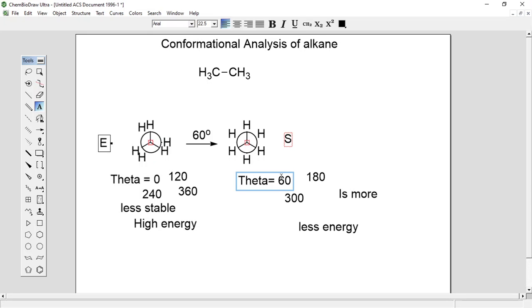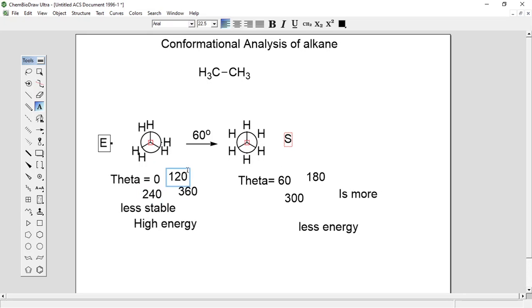So at the dihedral angle 60, 180 and 300, the distance between the hydrogen present on first carbon and the hydrogen present on second carbon is 60-degree. So that's why there is no steric hindrance. That's why this staggered conformation is a more stable conformation.